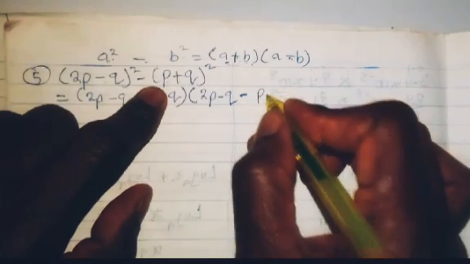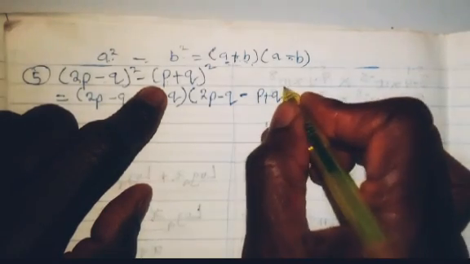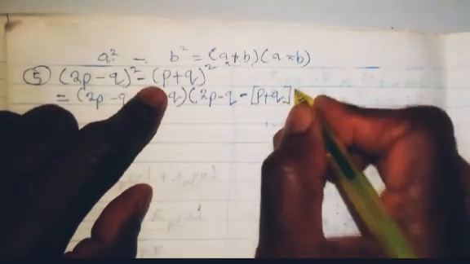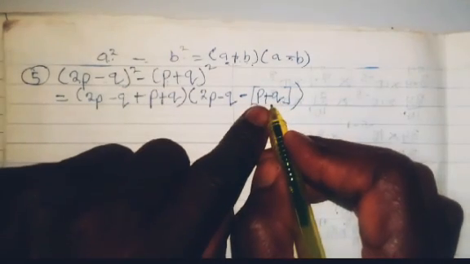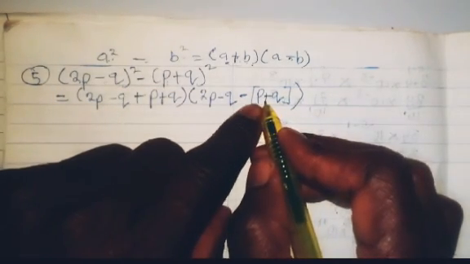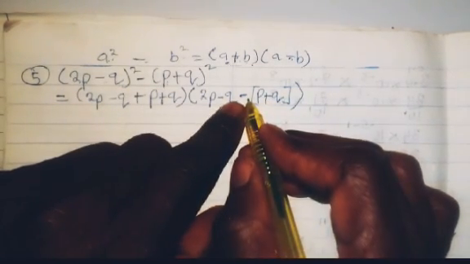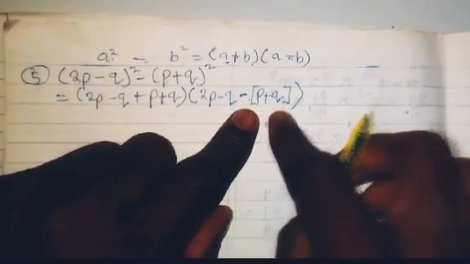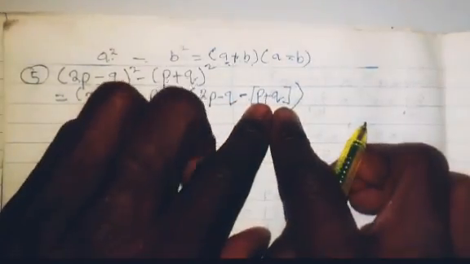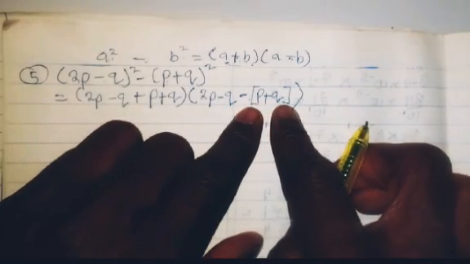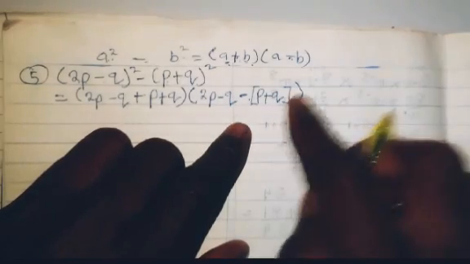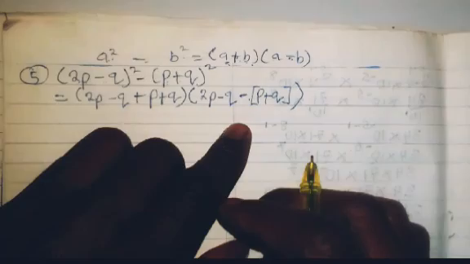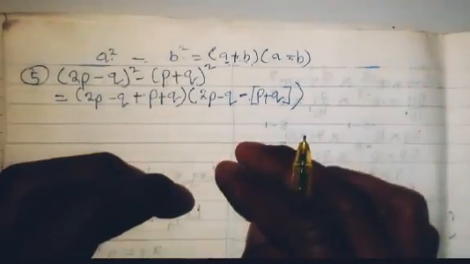So to write out p + q this way, we must put it in a bracket to separate the sign of the p + q from the negative sign that is outside there. And this point here is where students normally miss it. So I want you to focus on this area here, because some people will write it without putting the bracket and then it will affect the final results. All right, so that's just the trick in solving this.